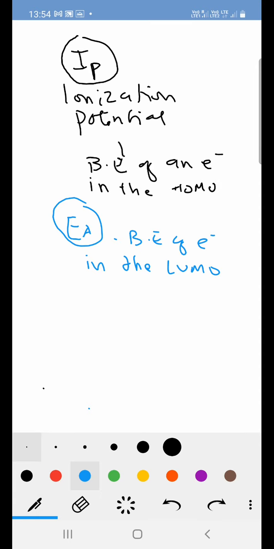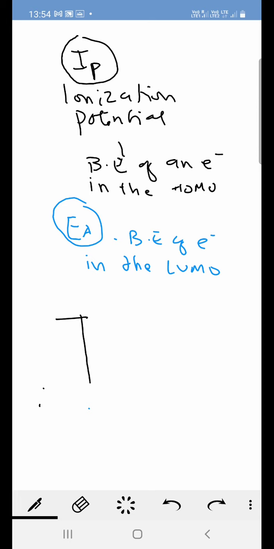That means we have molecular energy levels like this. Let's say these are the energy levels, and this is the vacuum energy, and these are the molecular orbitals.